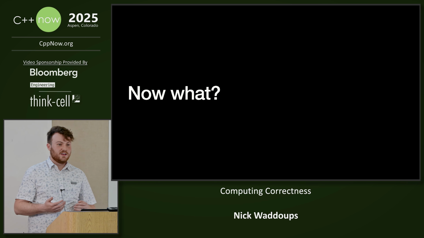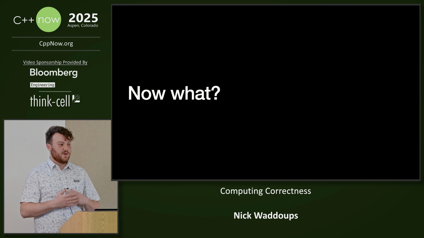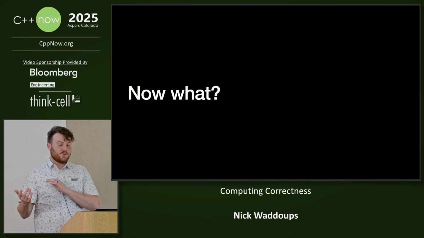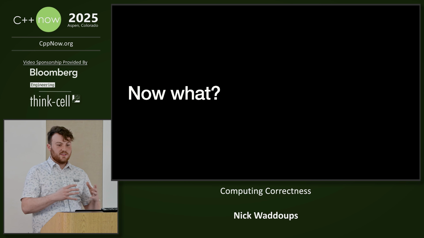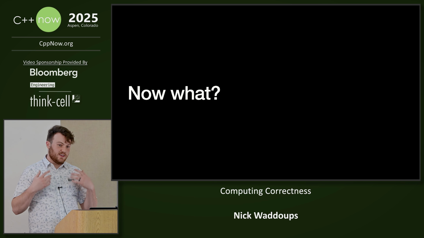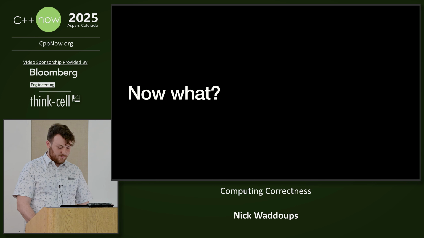Jeff's talk yesterday, I thought, was a good example of this, where to eliminate some memory bugs, they said, hey, we're going to constrain the types that you can use. We don't want you to use pointers as much. We want you to use these other types, these reference counted types, in order to eliminate those bugs and make it easier to reason about where they come from.